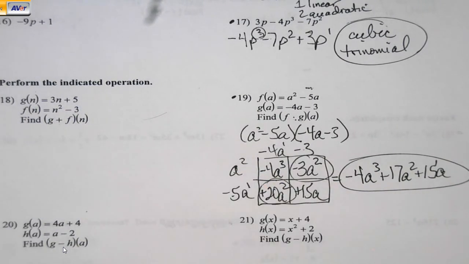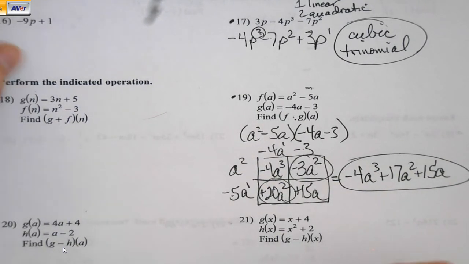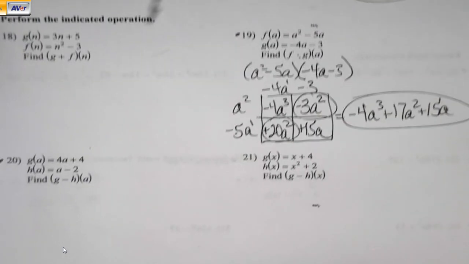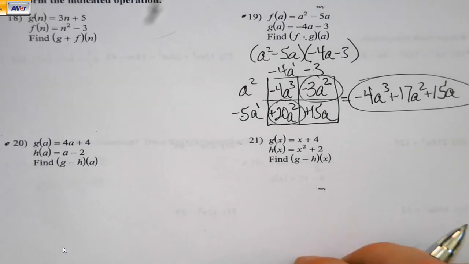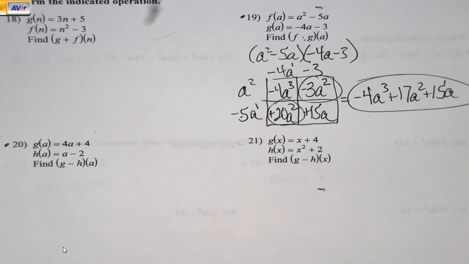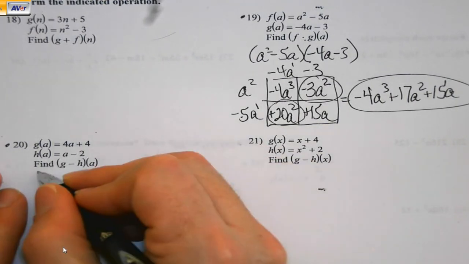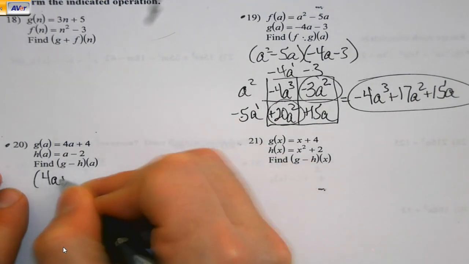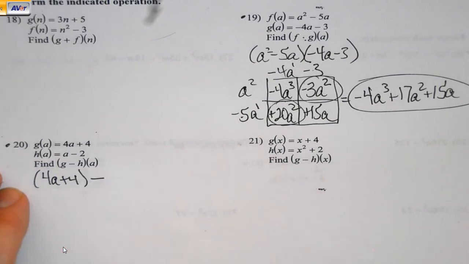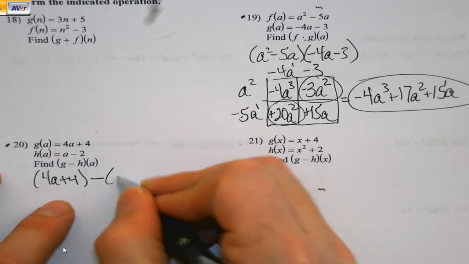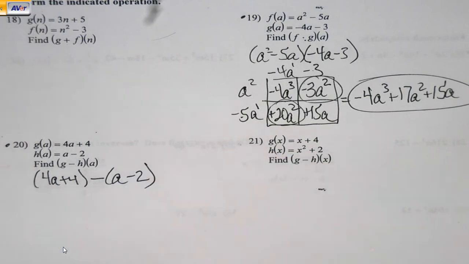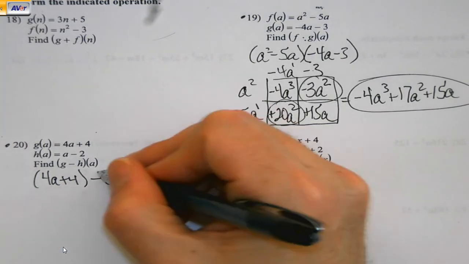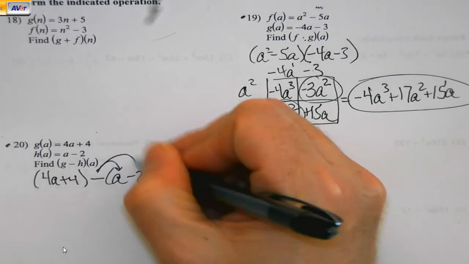Don't do anything fancy. Even on number 20, the next one that we're going to do, okay, g minus h of a. I literally would write all this out. So g of a, 4a plus 4, minus h of a minus 2. Kicker here, just like we did on that problem on the very front of the review.